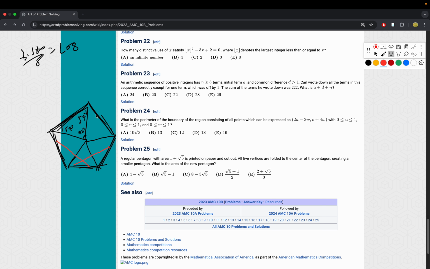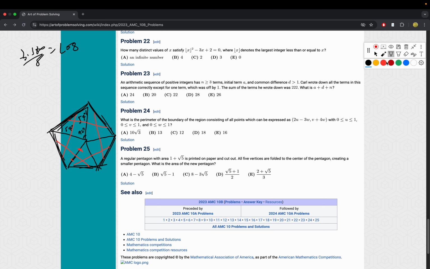Fold it, fold it, fold it, and fold it to get a pentagon here. And notice that these two lengths must be equal to each other when we fold them, or else it will not touch each other. That's what we know so far.